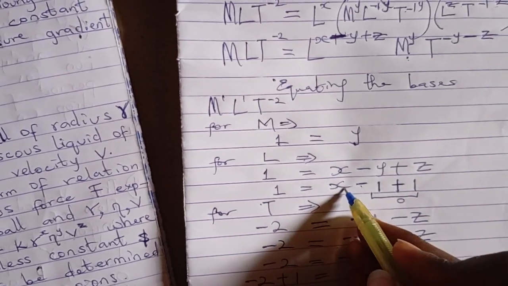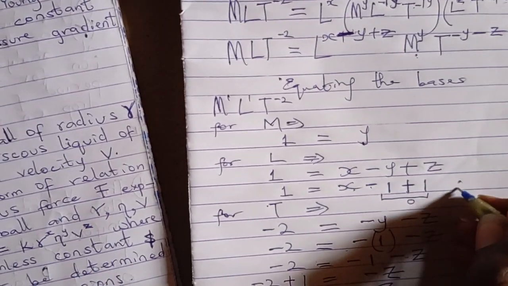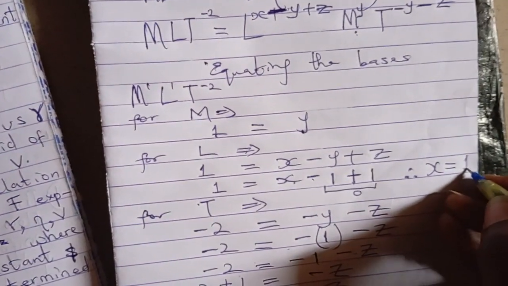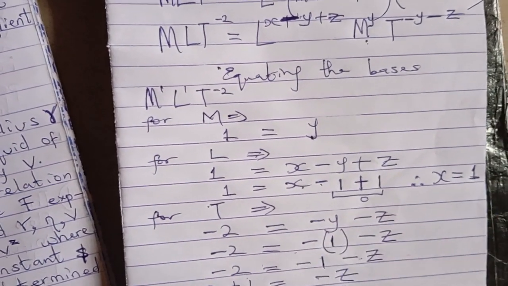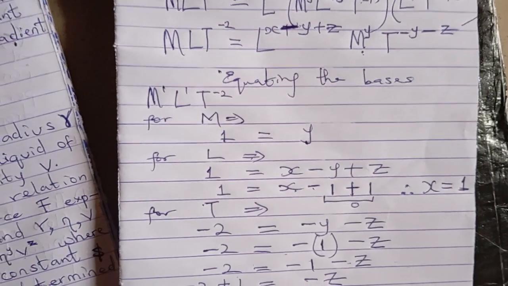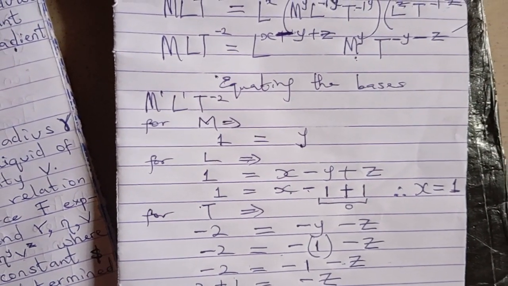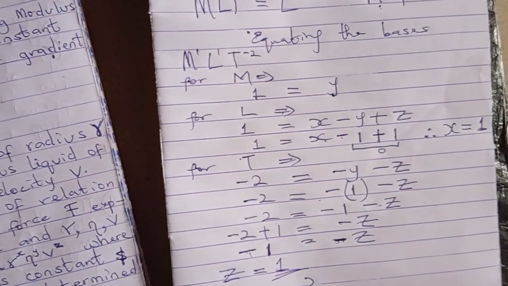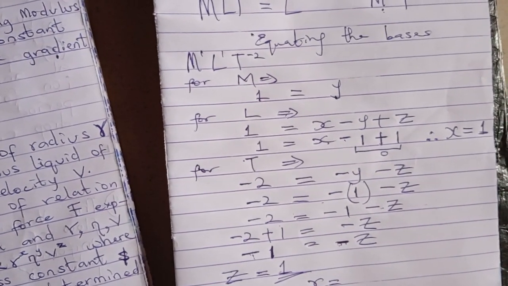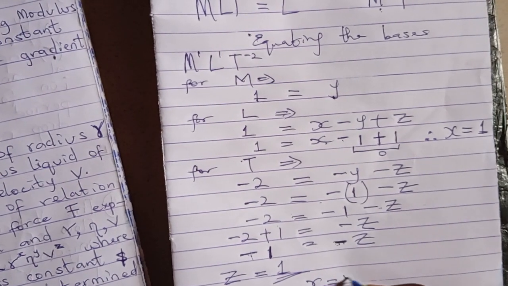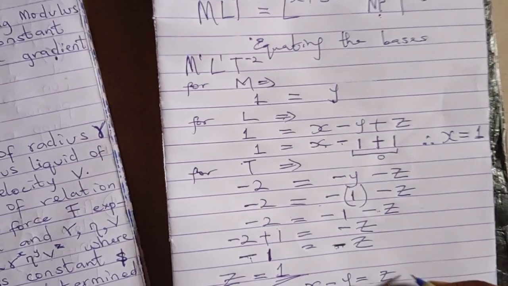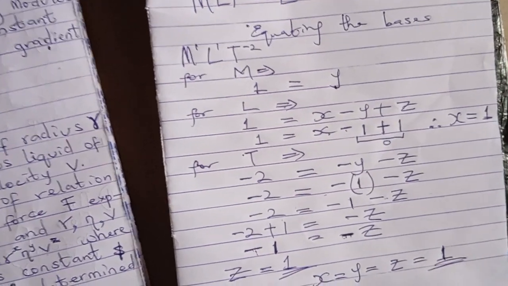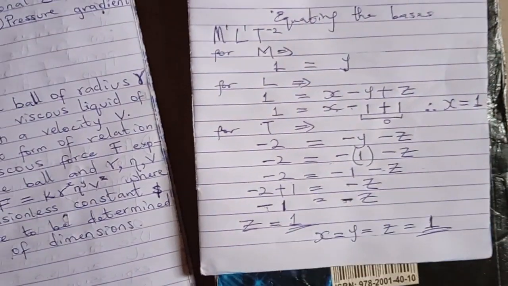So x equals 1. Therefore, x equals 1. So if that be the case, we've now gotten that x equals y equals z. Everything is equal to 1.